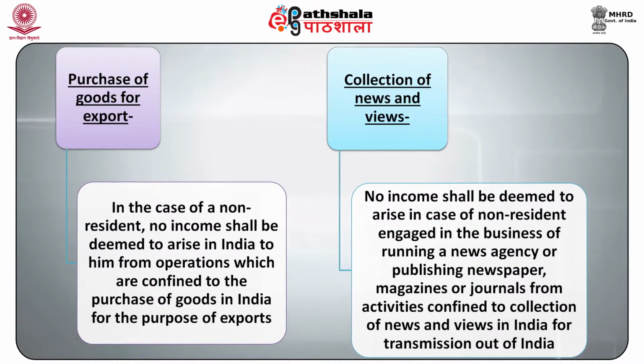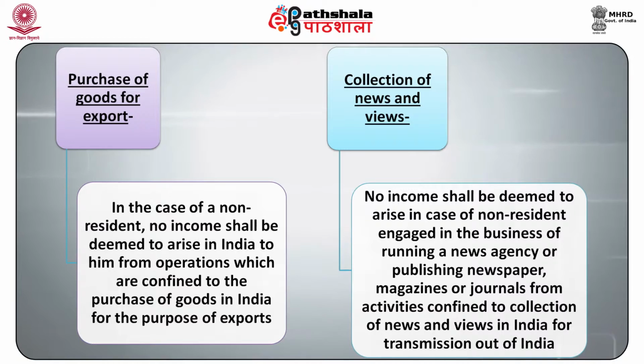B. Purchase of goods for export. In the case of a non-resident, no income shall be deemed to arise in India to him from operations which are confined to the purchase of goods in India for the purpose of exports. C. Collection of news and views.